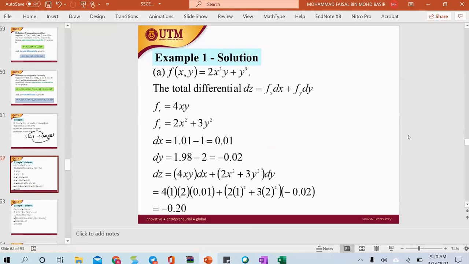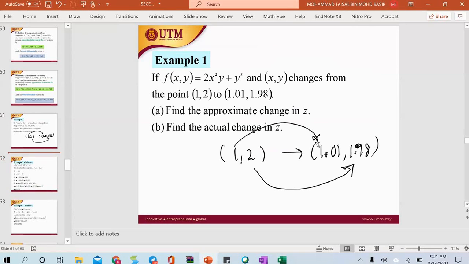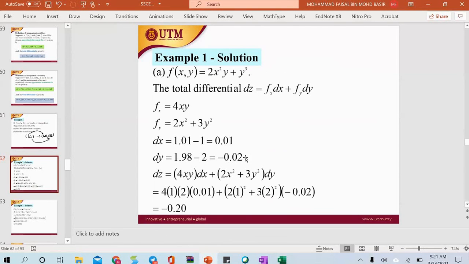So you just substitute dx with 0.01, and dy with negative 0.02. The formula is you subtract the original one from the changed one: 1.01 minus 1, 1.98 minus 2. Then you get 0.01 and negative 0.02.